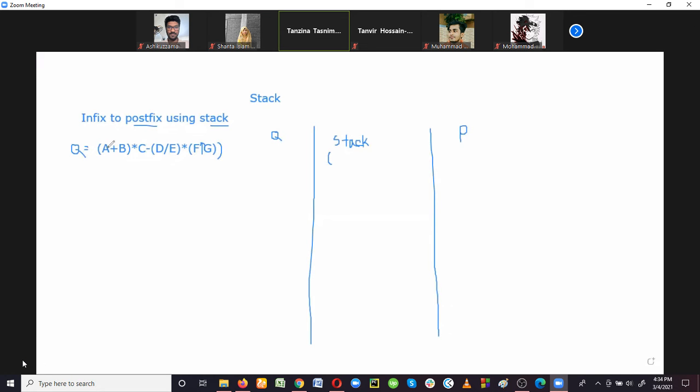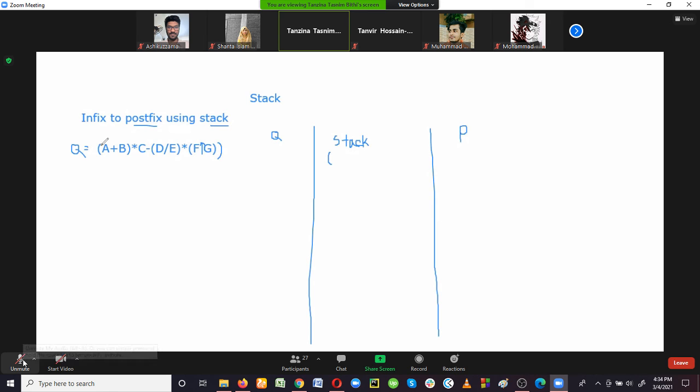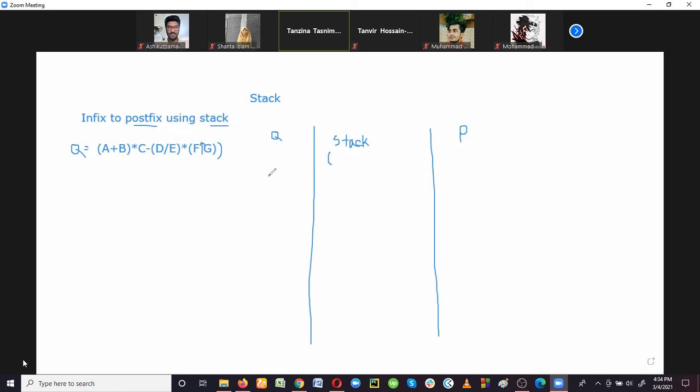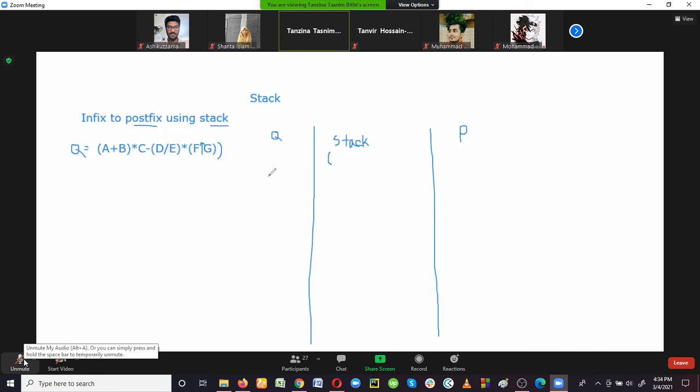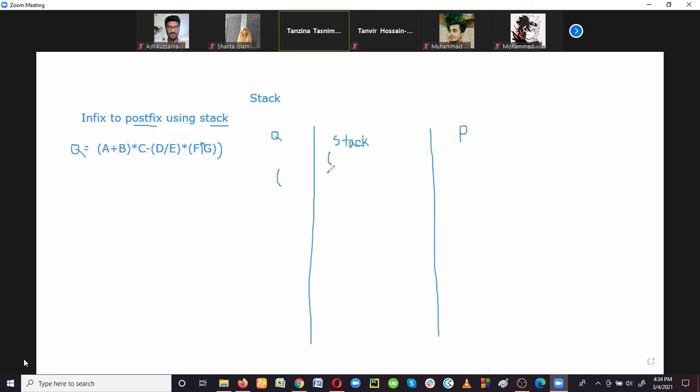In the scanning process, we get the leftmost element, that is a left parenthesis, right? So where are we going to add it? In this stack. After that, when we get an operand a, it will be stored in the postfix notation.